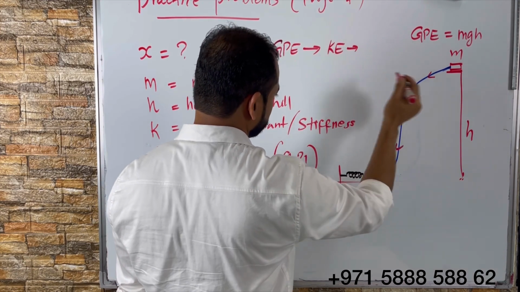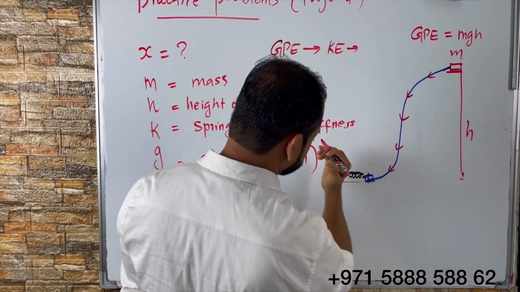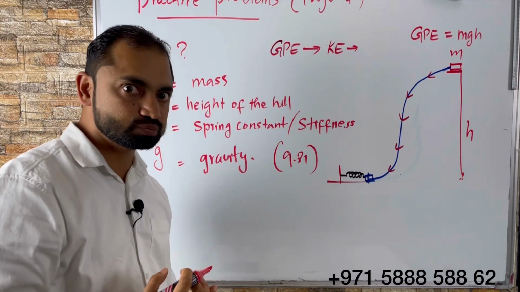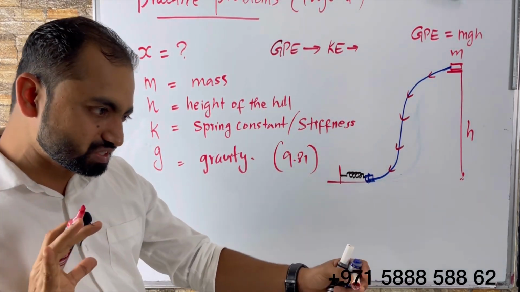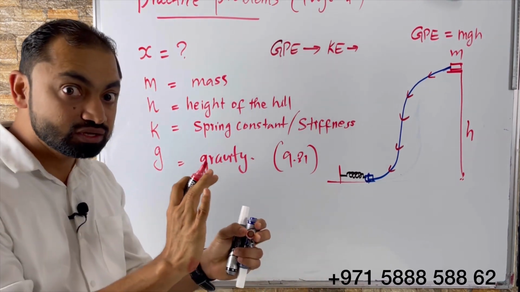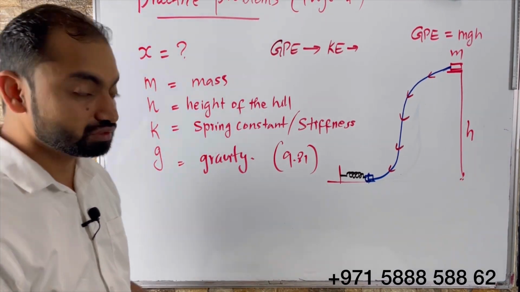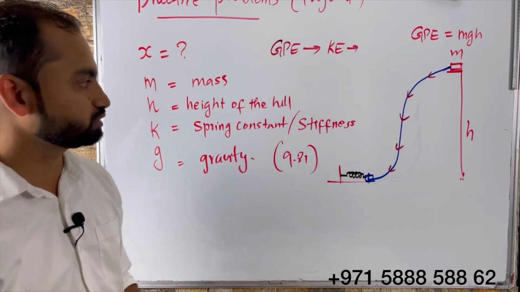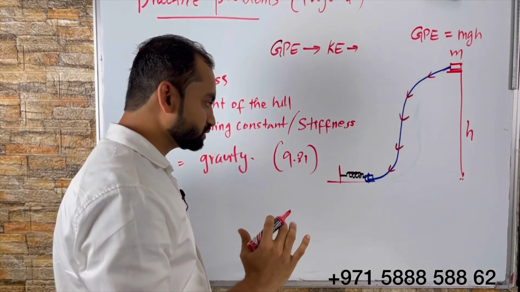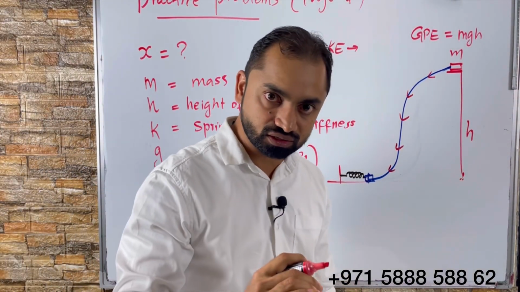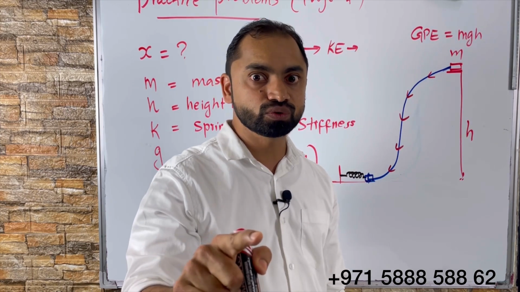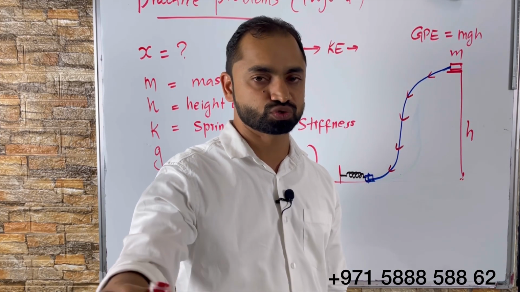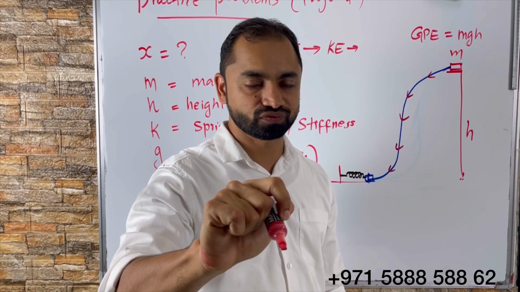So the car is moving very fast and it will hit the spring. When it hits the spring, the spring will be compressed and the speed of the car decreases. When the speed decreases, its kinetic energy is decreasing, and you know that energy cannot be destroyed. That is conservation of energy.